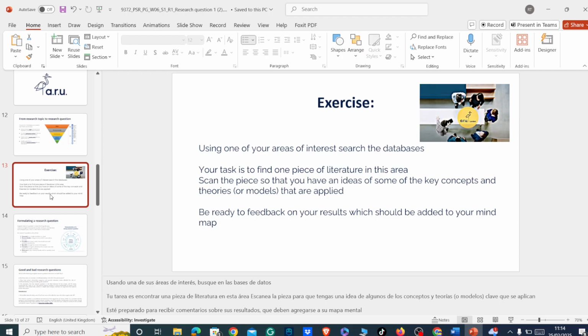Where it says you have some idea of the key concepts and theories, if you're just looking at it for the first time, do that. For those of you who are much more familiar with it, identify 2 strengths and 2 weaknesses, and a kind of what next.